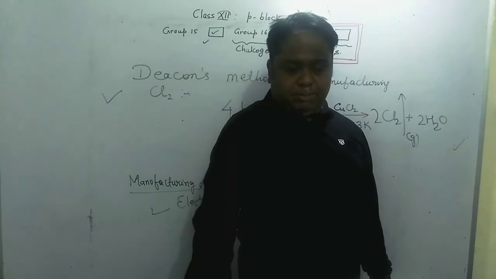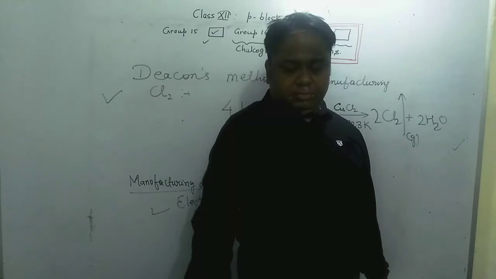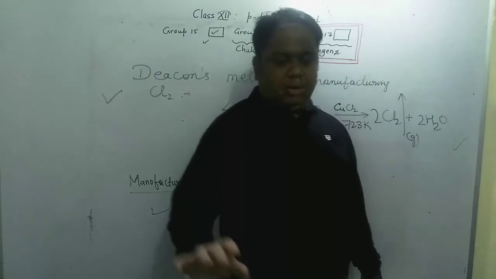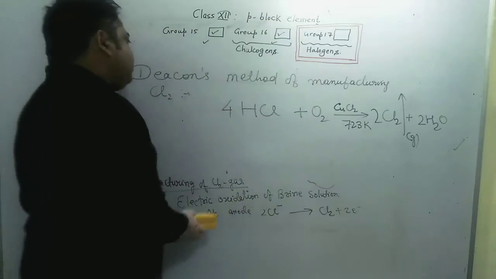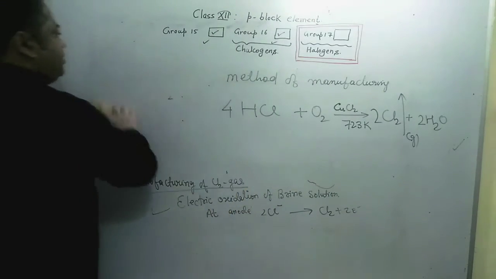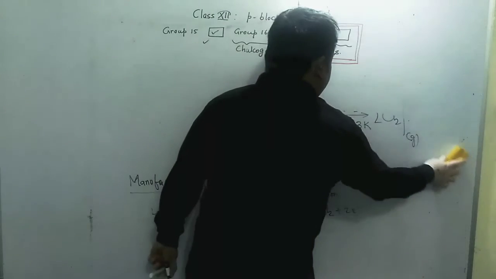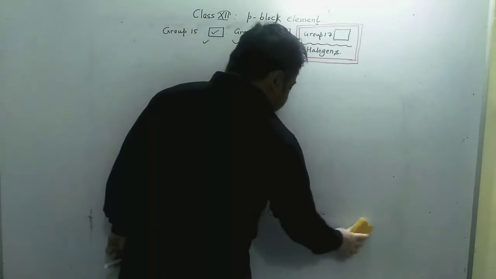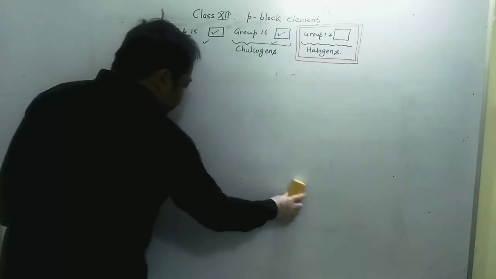Next is preparation of HCl, hydrogen chloride. See, I'm not saying HCl acid. I'm saying preparation of HCl, hydrogen chloride. Hydrogen chloride is a very highly soluble gas in water.